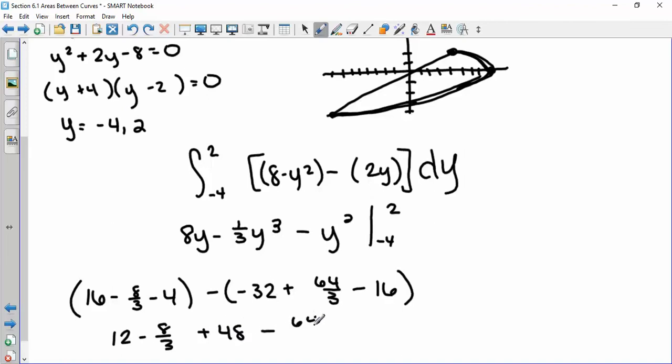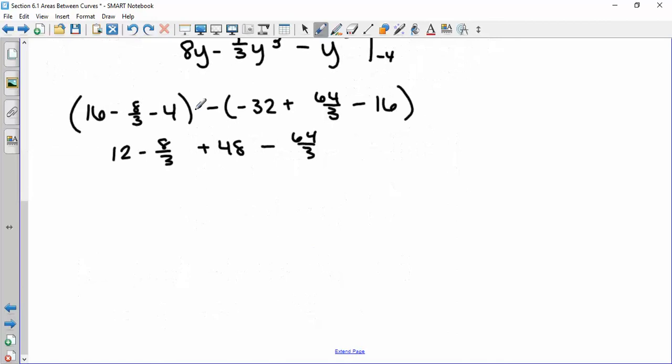Subtract that, so plus 48. Combine like terms. 72 divided by 3 is 24. Okay, 36.